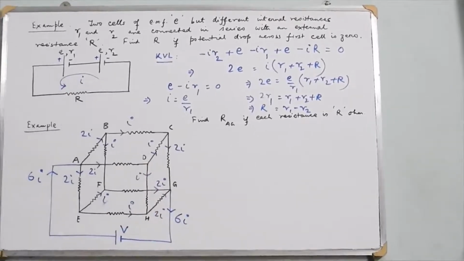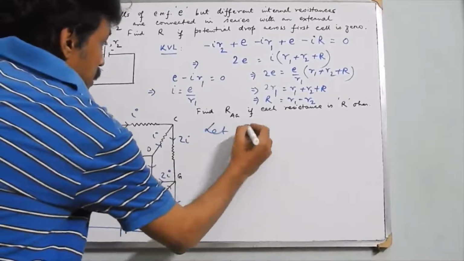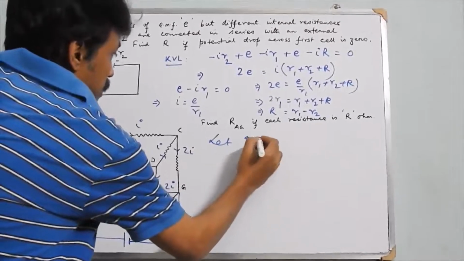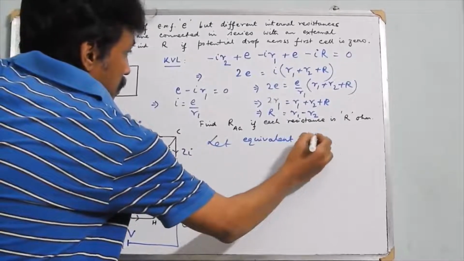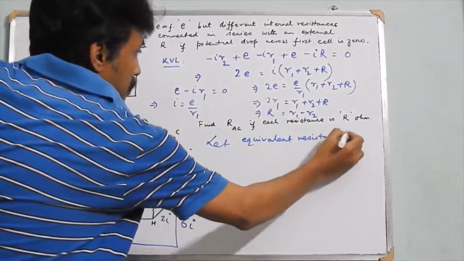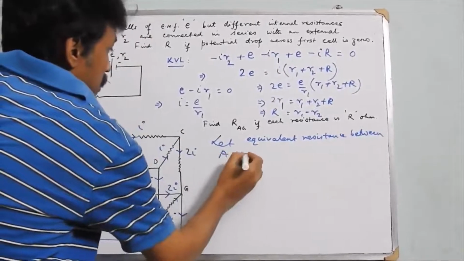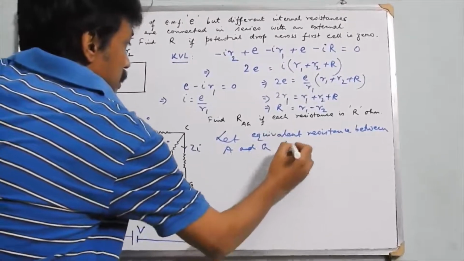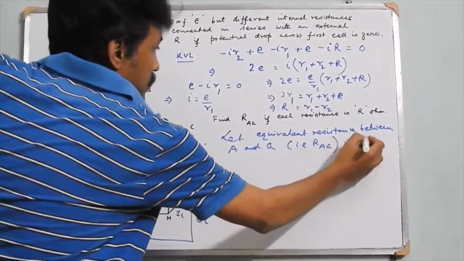So now let me assume that the equivalent resistance between A and G, that is RAG, is X ohm.